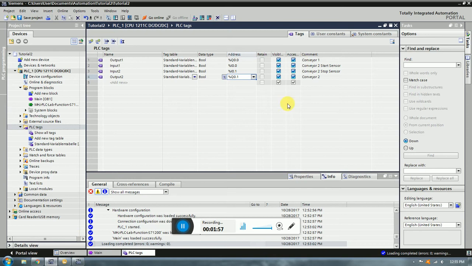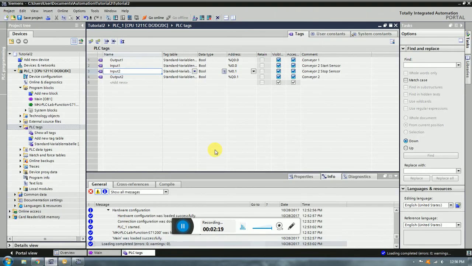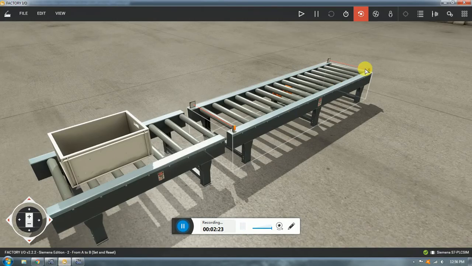This time I didn't have to make my own spreadsheet, because it's easy and short. Output 1 is conveyor 1, output 2 is conveyor 2, and inputs 1 and 2 are the conveyor 2 start sensor, or sensor A, which is that one, and the conveyor 2 stop sensor, or sensor B, which is that one, right?